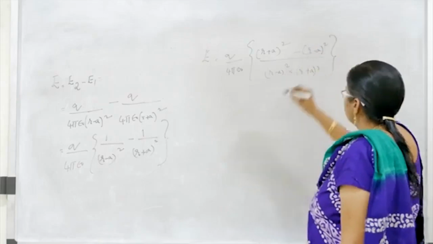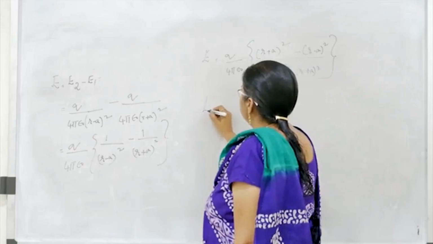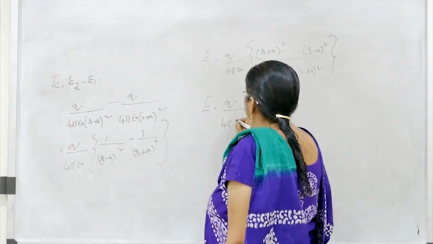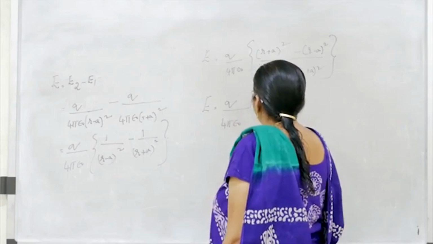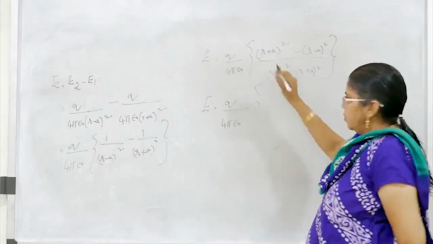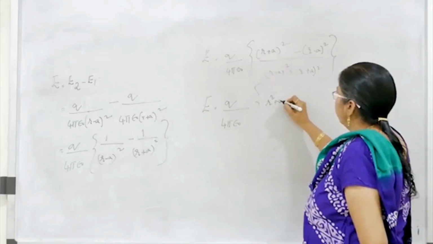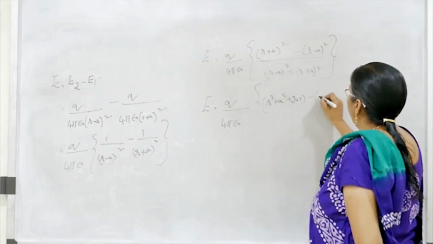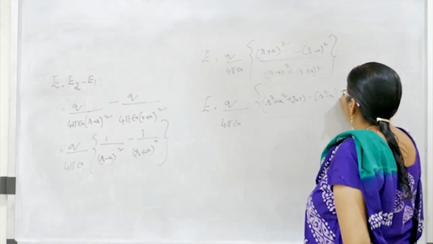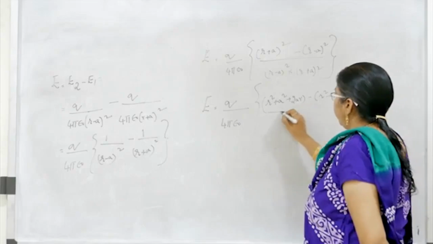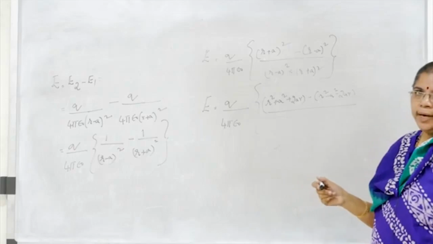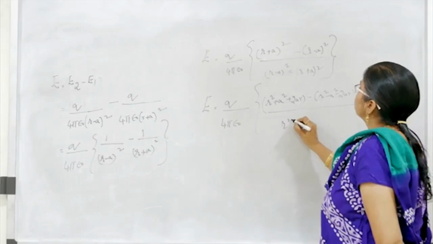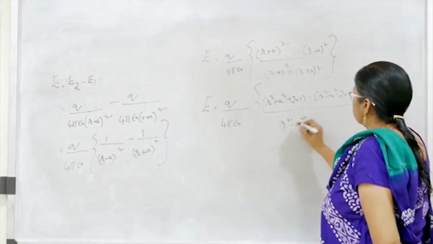So this gives E is equal to Q by 4 pi epsilon naught into, using a plus b whole square, R square plus A square plus 2AR minus of R square minus A square minus 2AR, divided by R minus A whole square into R plus A whole square, which becomes R square minus A square whole square.